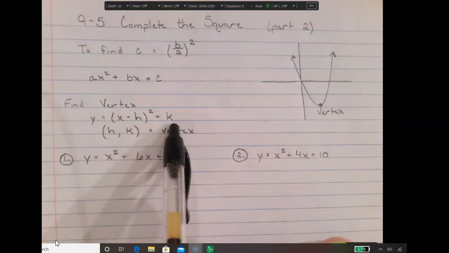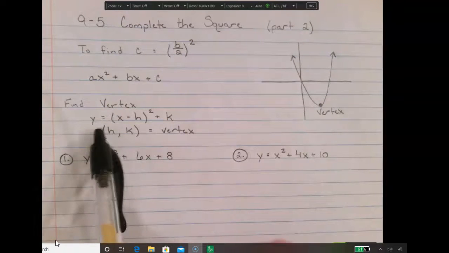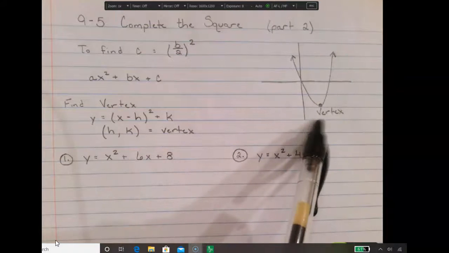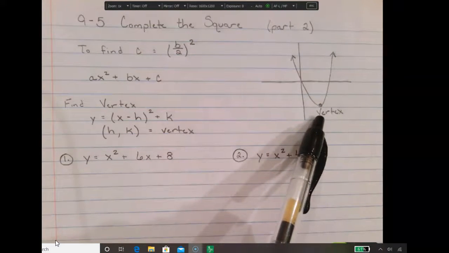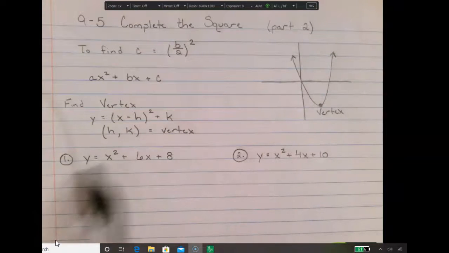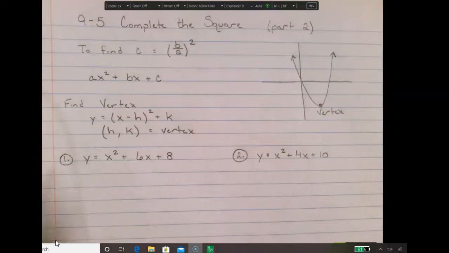And whatever value we get for k, that's like the y value in an ordered pair. That's why we have the parentheses here, and that's what this vertex is. Remember, when we graph things, the vertex on this graph is an ordered pair, an x and a y. So that's what this h and this k stand for, an x and a y.